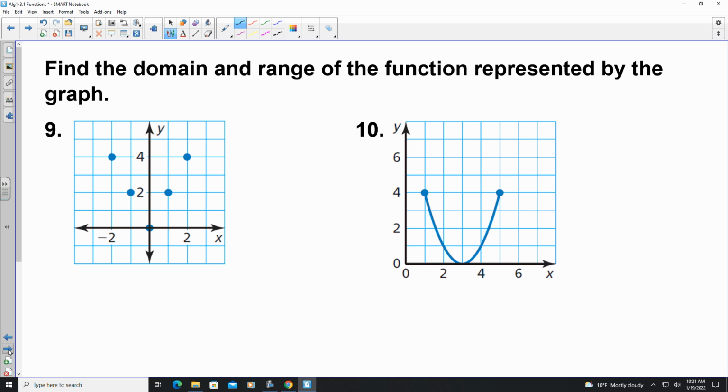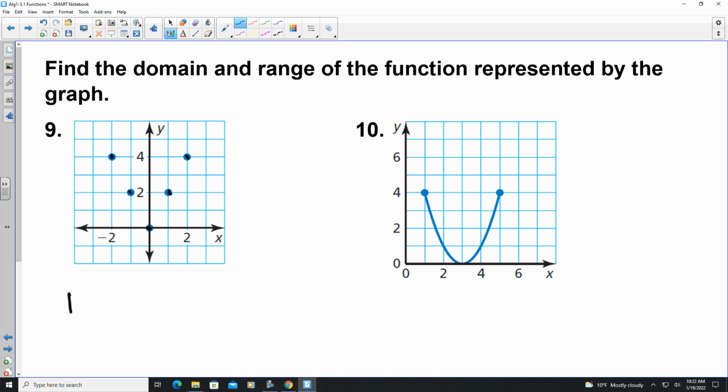Looking at example 9, this is another situation where we have points. So we got points here, here, here, here, and here. So these are all essentially integers, so we can just make the list.